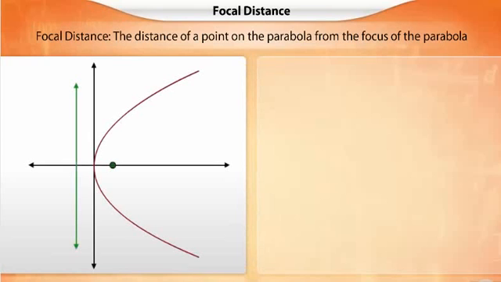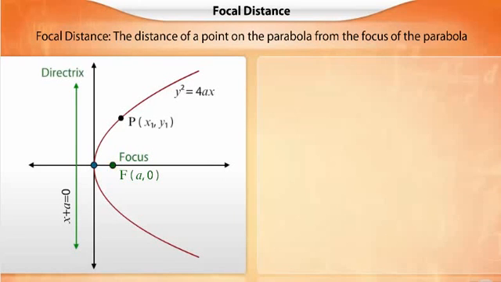The focal distance is the distance of a point on the parabola from the focus of the parabola. Consider a point P, (x1, y1), on the parabola y square equal to 4ax. The coordinates of the focus F are (a, 0), and the equation of the directrix is x plus a equal to 0.